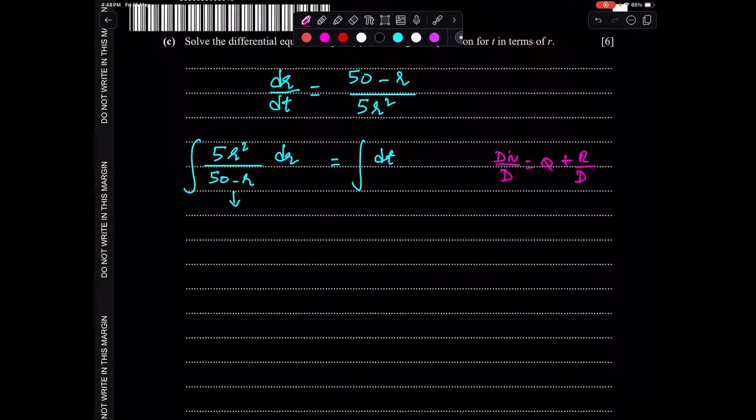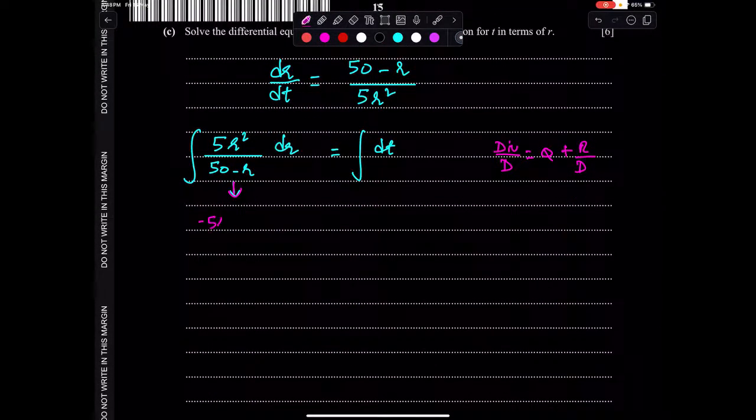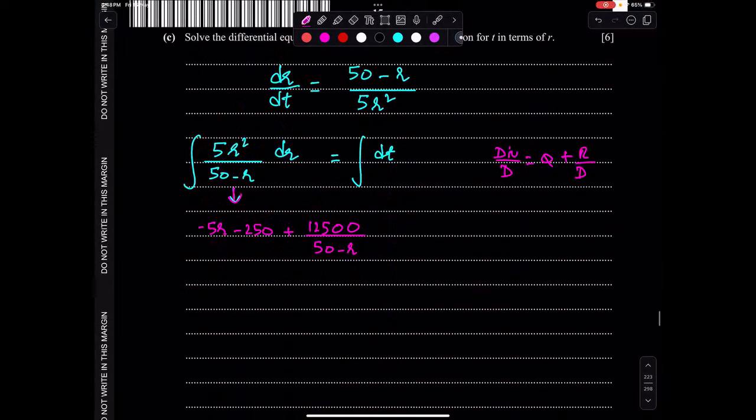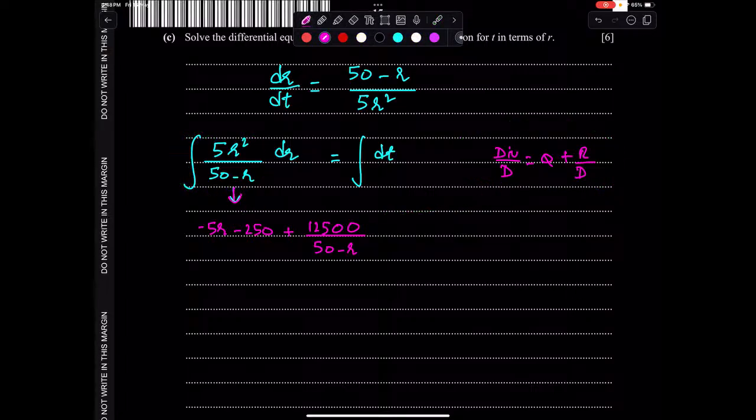So we can split this fraction as quotient, and the quotient was minus 5r minus 250, plus remainder, which was 12500, over divisor, which was 50 minus r. So with the help of this remainder theorem, we can split this fraction in this way. So make sure you split the fraction correctly.